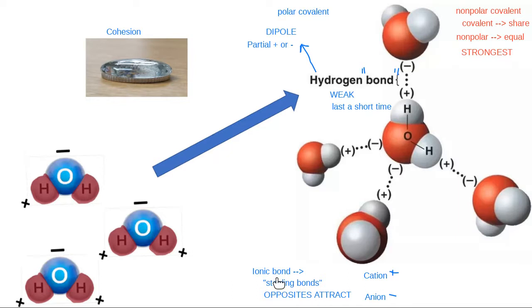So ionic bonds are going to be quite a bit weaker compared to the covalent bonds. Who can remember what happens to an ionic bond or a molecule that's made with an ionic bond when I put it in water? What do ionic bonds do when there's water around?